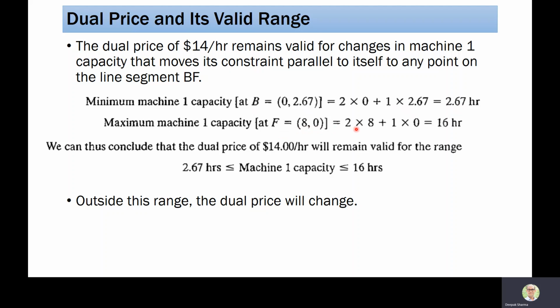Putting it into constraint equation number 1, we get 16. This means that if the machine capacity ranges from 2.67 to 16 hours, the dual price will remain the same. However, if it goes outside of this range, the dual price can change and we have to recalculate it. It has a significance, we will see.